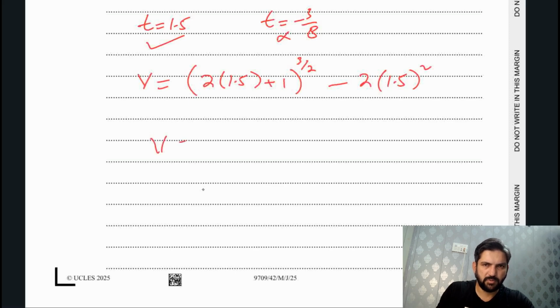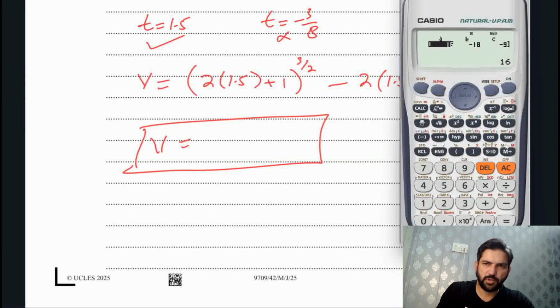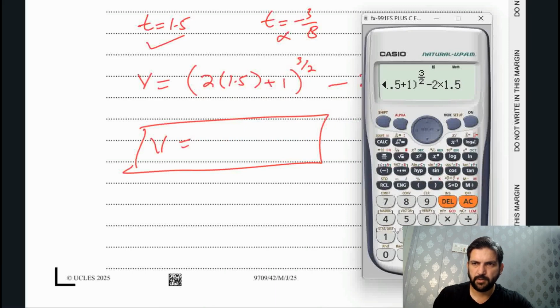So we will get v is equals to what? We can use the calculator to get the final answer. We can write it as bracket 2 into 1.5 plus 1 bracket close whole power 3 by 2, minus 2 into 1.5 square.